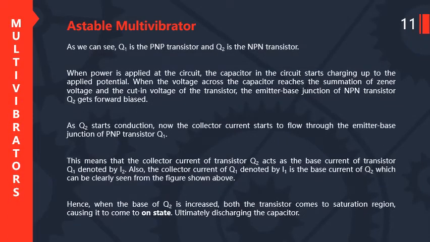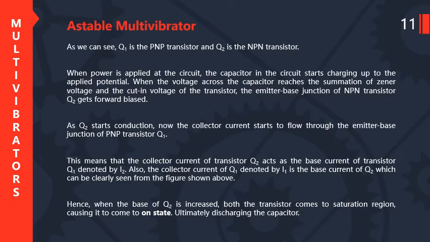As we can see, Q1 is the PNP transistor and Q2 is the NPN transistor. When power is applied to the circuit, the capacitor in the circuit starts charging up to the applied potential. When the voltage across the capacitor reaches the summation of the general voltage and the cutoff voltage of the transistor, the emitter base junction of NPN transistor Q2 gets forward biased.